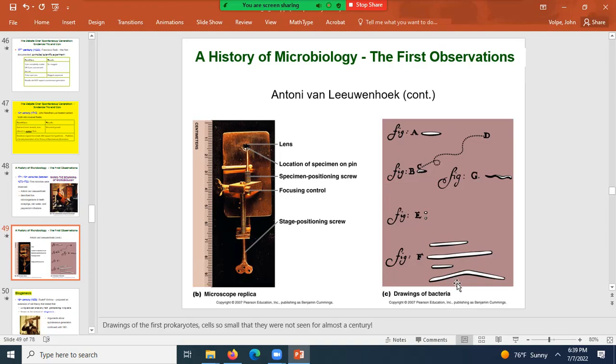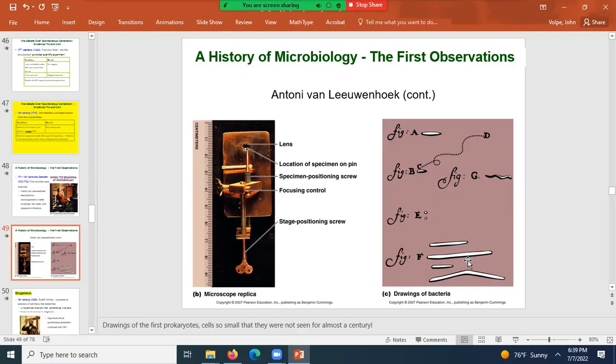Here's a drawing of some of the cells that he saw under his microscope. And if you recognize these, he's drawing bacteria. These are rods, these are cocci, these are rods. That's the movement of the rod, and that's a spirillum. Different bacteria.